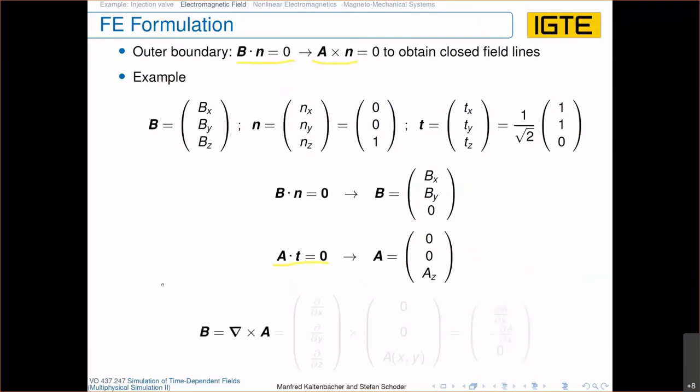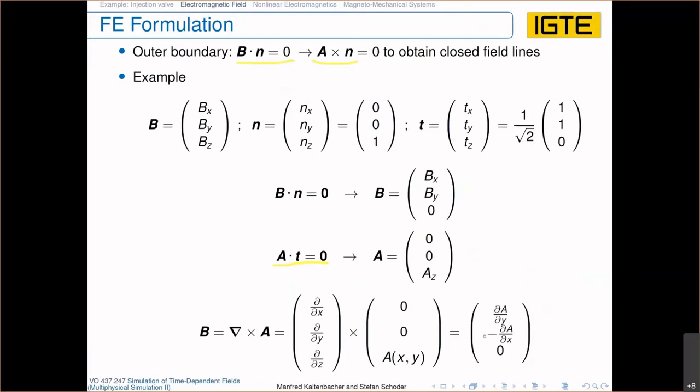Okay, so if we do this, then we get the following. If we take the curl of such a vector potential, just having the z component different from 0, we get automatically, as you can see here, a magnetic field which can just have values different from 0 in the x and y components, and these are the components living in the tangential plane.